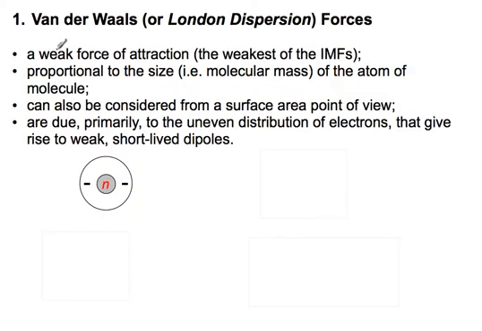So van der Waals first. As I mentioned, it's a weak force of attraction, and proportional to the size or molecular mass of the atom. Basically, think about this as due to increased electrons, because as you'll see in a second, it is really the uneven distribution of electrons that gives rise to these weak forces.